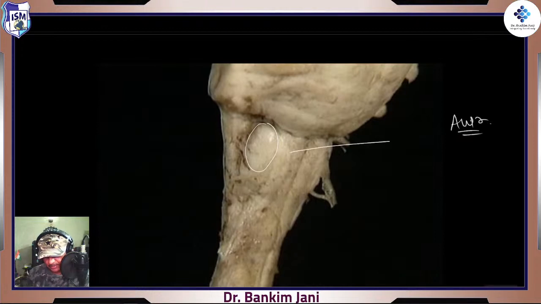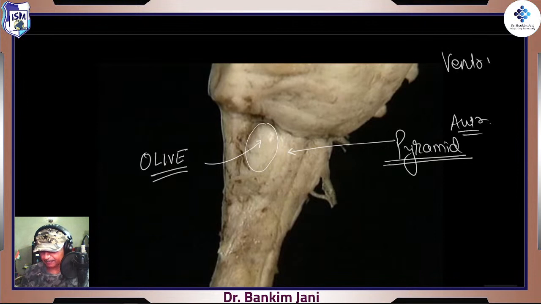So these are what are called the pyramids, a very important structure when we'll be talking about the physiology. Pyramidal tracts and non-pyramidal tracts, very important. And this one is what is called the olive. So this is on the anterior, or you can also say the ventral surface.